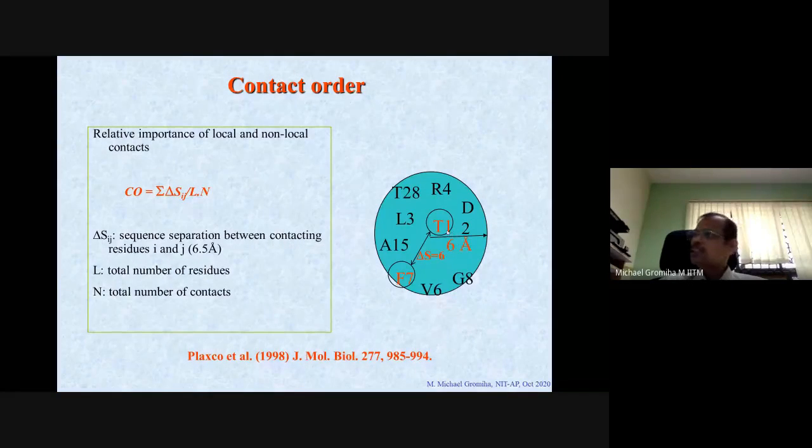Right? That means T1 and F7, they are separated by how many residues? What is the distance of separation between T1 and F7?